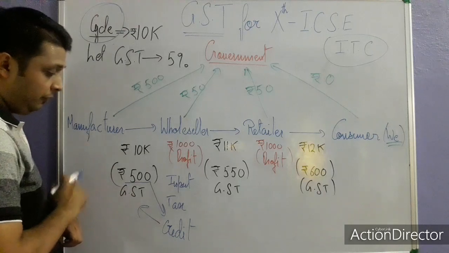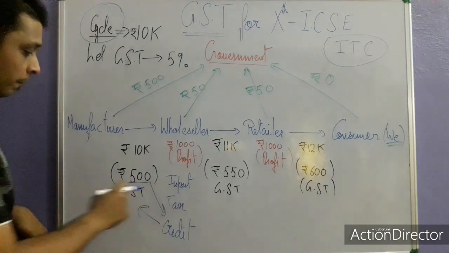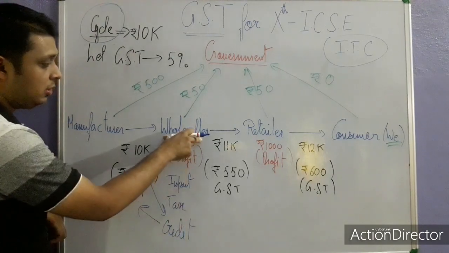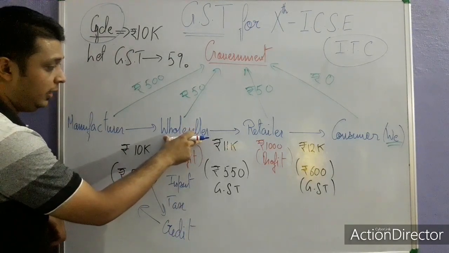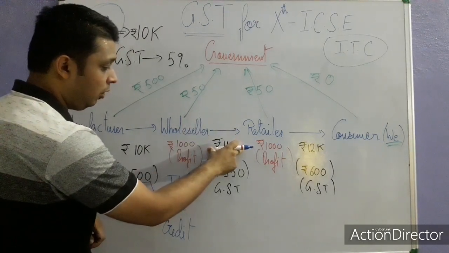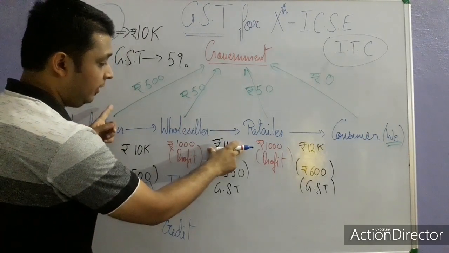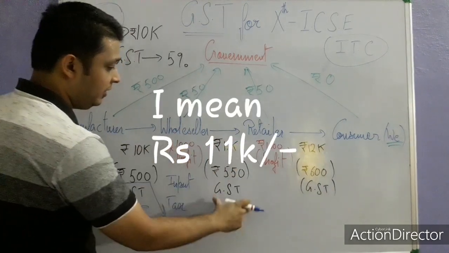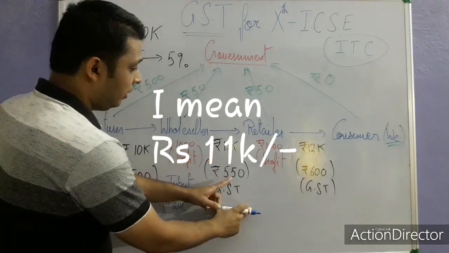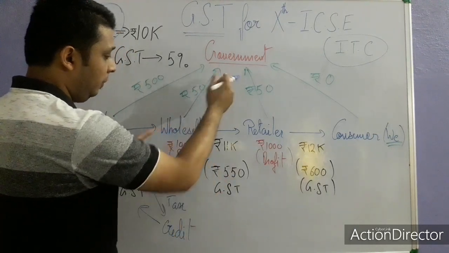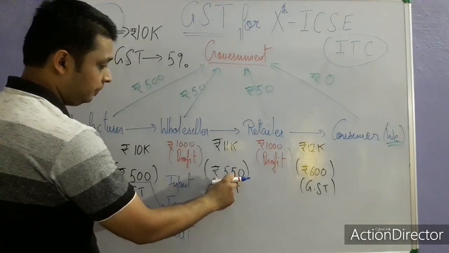I repeat for the last time, the credit of tax which the wholesaler has on the business transaction of a bicycle at a price of 1000 with a profit, and the GST received by him, to be given to the government, is 550, yes or no?